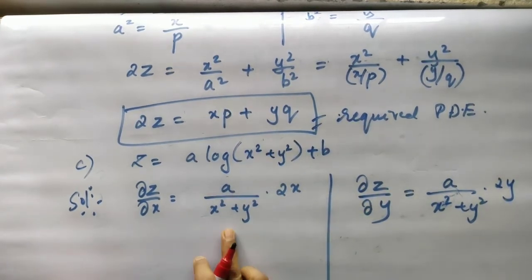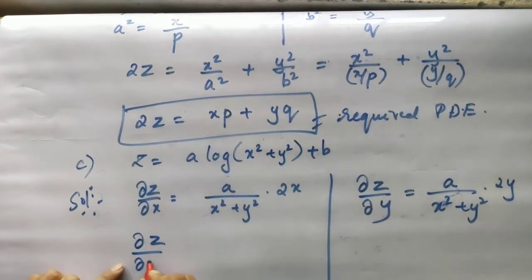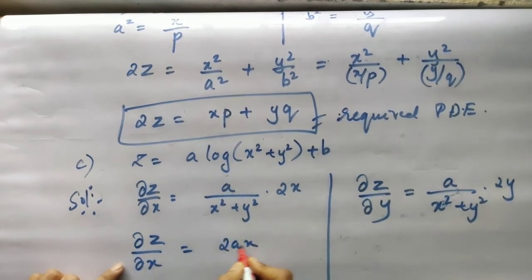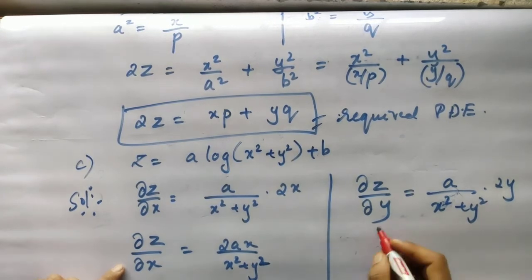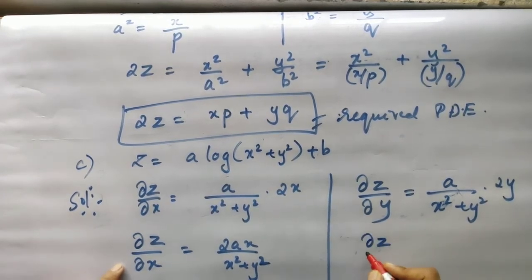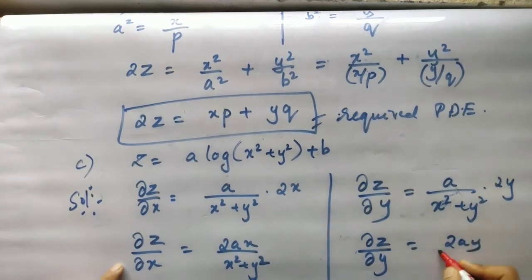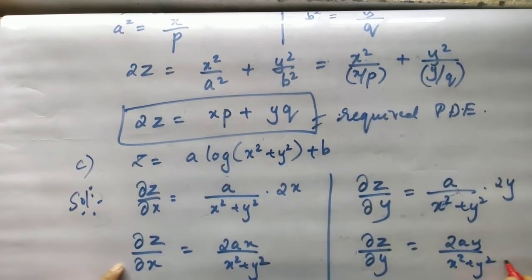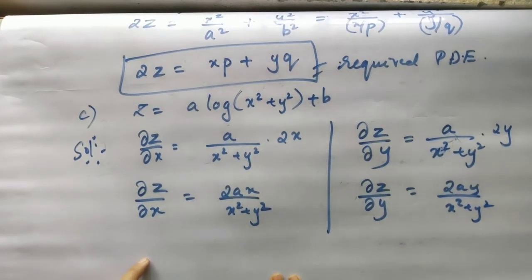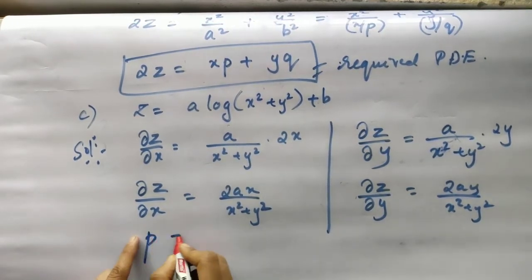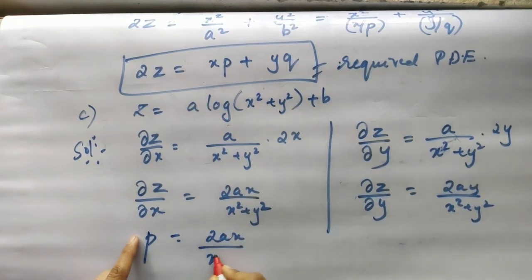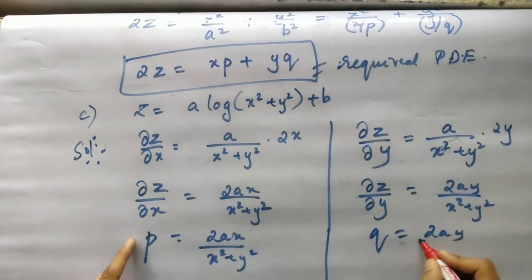So you are writing dou z by dou x as 2ax divided by x square plus y square, and also dou z by dou y as 2ay divided by x square plus y square. Or I can write this as p is equal to 2ax divided by x square plus y square, and q is equal to 2ay divided by x square plus y square.